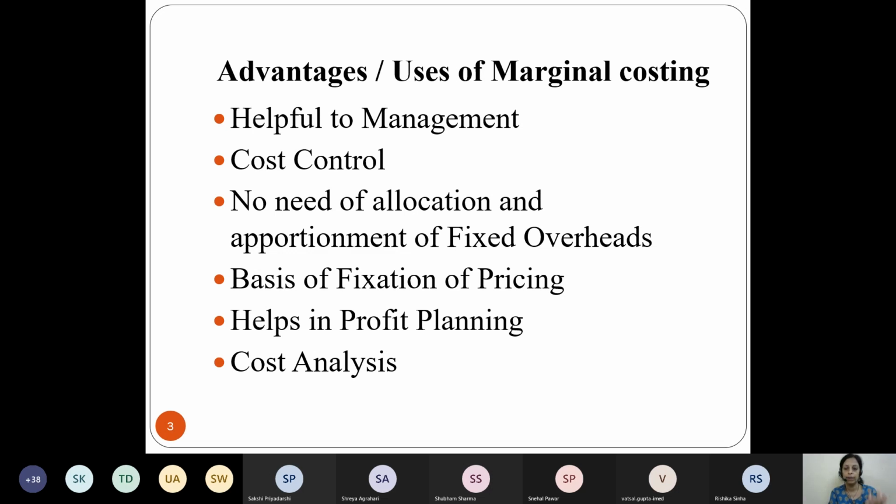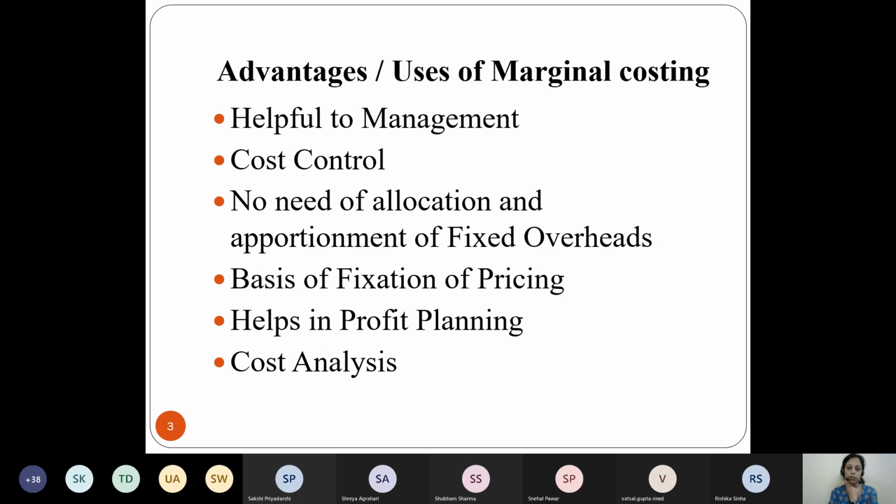Then fixation of price, decision making: what should be the product mix? Decision making is a very important function of management. Then cost control. All functions can be carried out with the help of marginal costing, so it is a very important technique for the management.